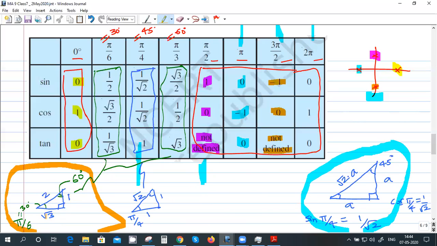And 60 should be opposite √3, and 30 should be opposite 1. So if you remember this triangle, you can get these two columns, this one and this one. You just check.